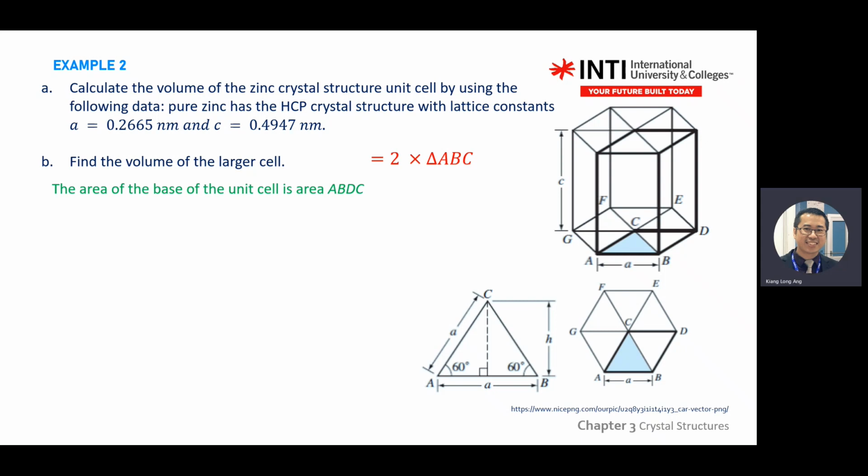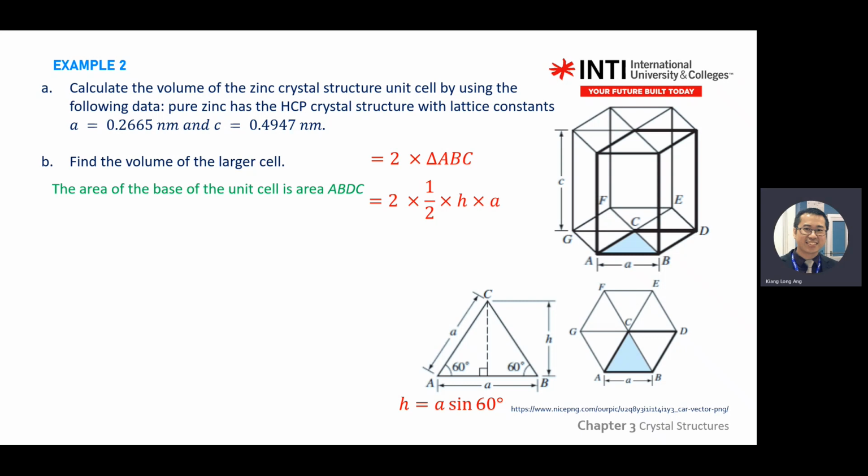You know how to calculate the area of a triangle: this one times this one divided by half. Then you have two, so actually it's this one times this one. Make sense? So 2 times half H times A, so actually you get back HA.